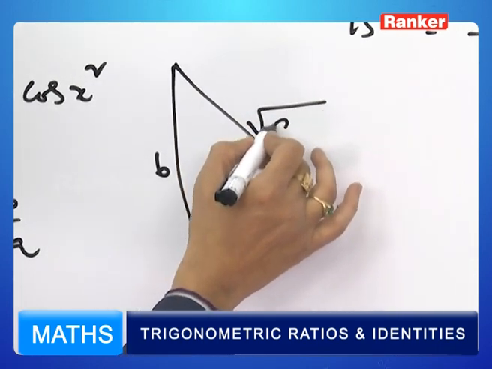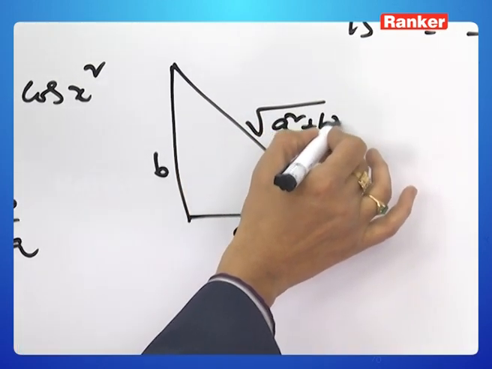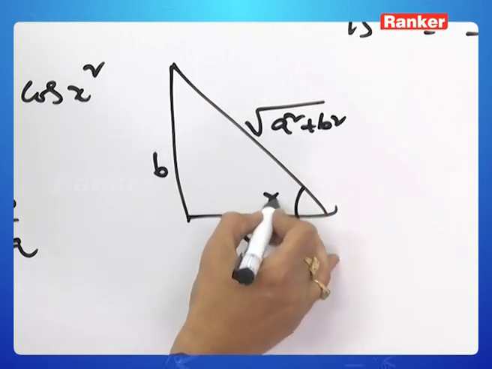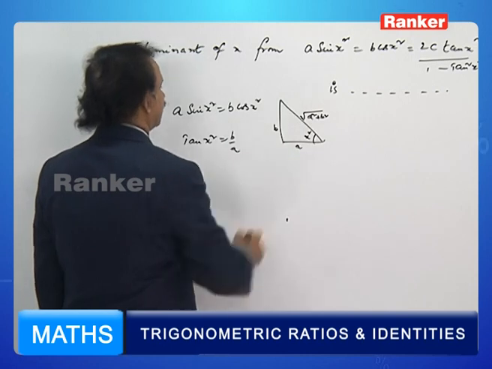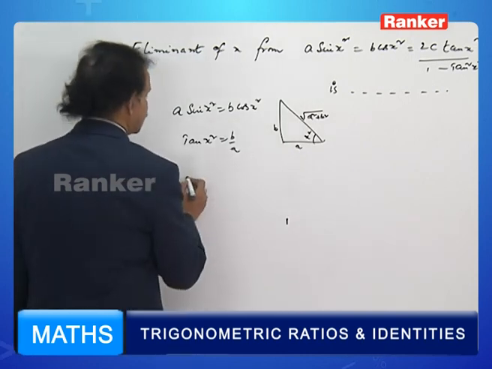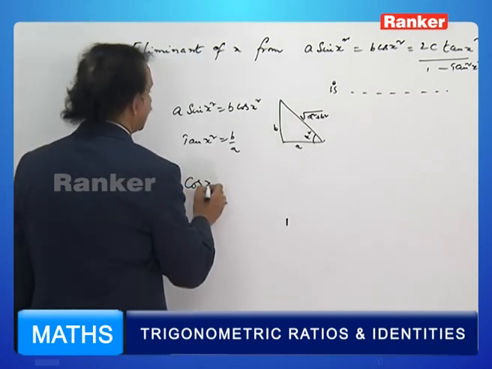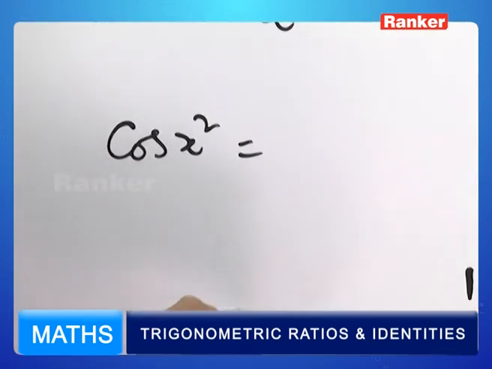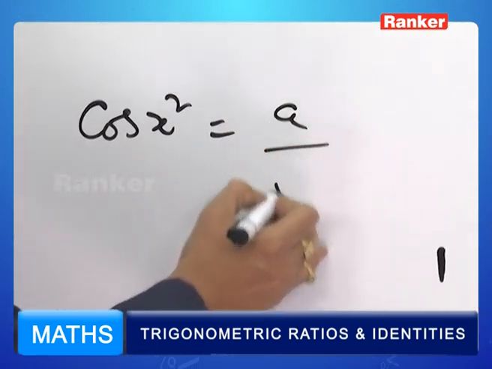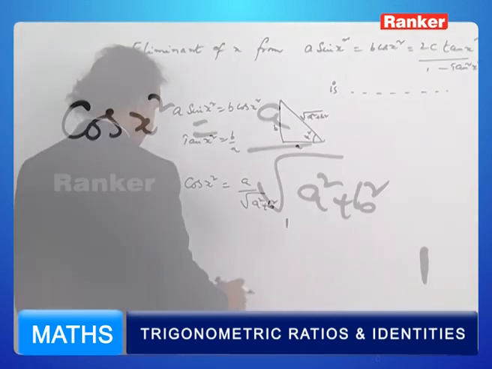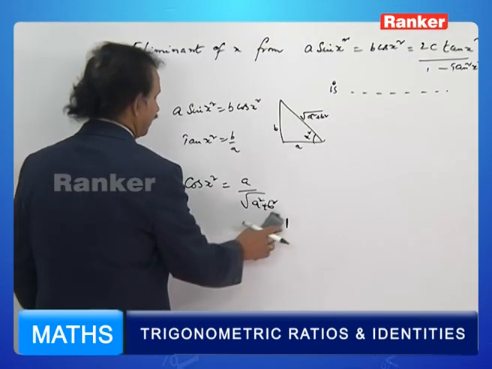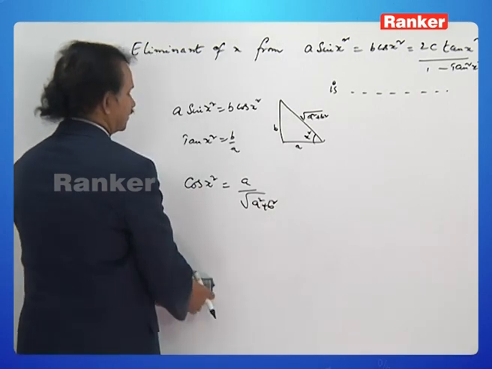So automatically this is root of a square plus b square. I like to call this some x square. Tan x square is b by a. From this, cos x square is, what is cos x square? A by root of a square plus b square. Am I correct? It is a by root of a square plus b square.